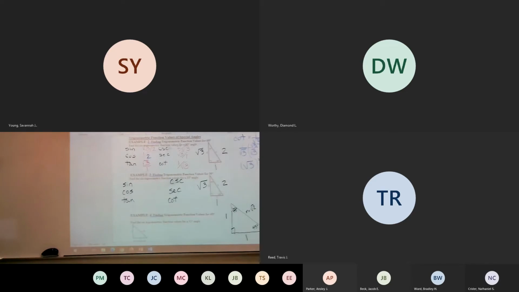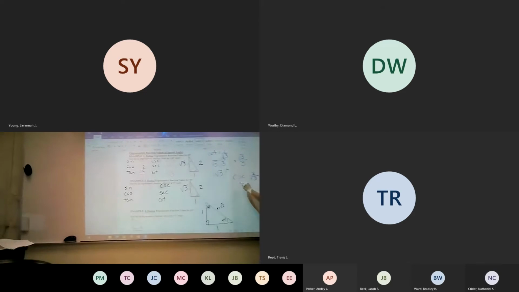Okay? But we have a problem also with the cosecant. So we said that the cosecant is equal to 2 over the square root of 3. So to rationalize that, I have to multiply by the square root of 3 over 3. Square root of 3 times the square root of 3 is going to be 3.